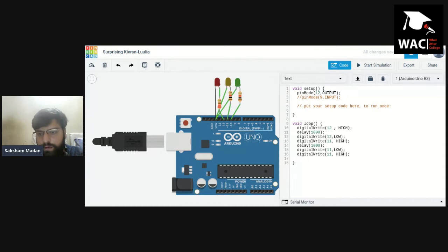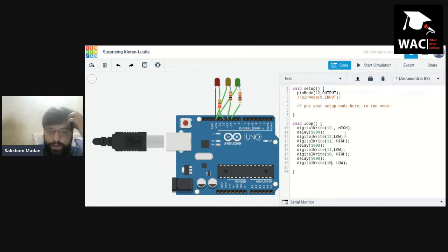Okay, then as soon as the yellow light turns off, the green light will turn high. Again delay, sorry, low, and 10.